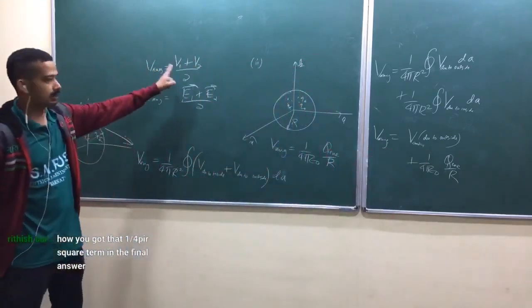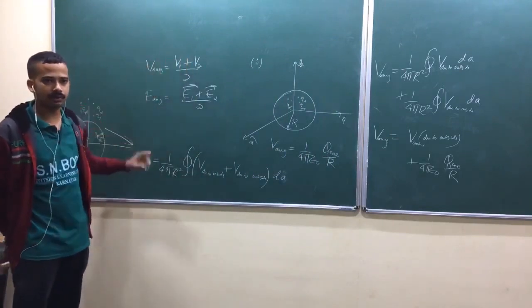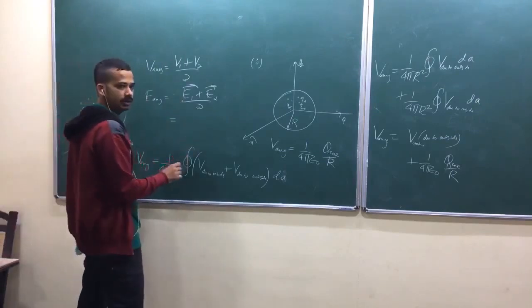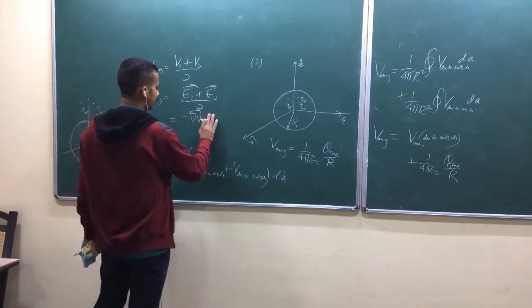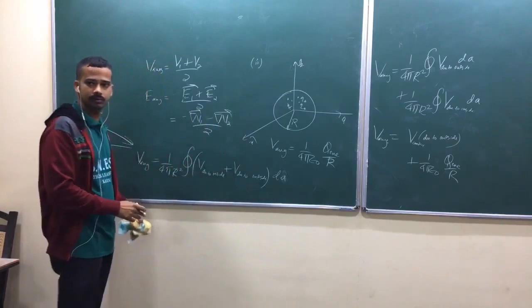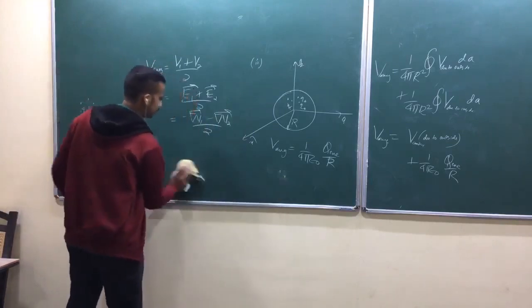Okay, you have average potential. Suppose, take an arbitrary example. This is average potential, and this is average electric field. Now look at here. Average electric field, can I write as minus del V1 minus del V2 whole divided by 2? Isn't it? Yeah. Speak out. So now look at here.